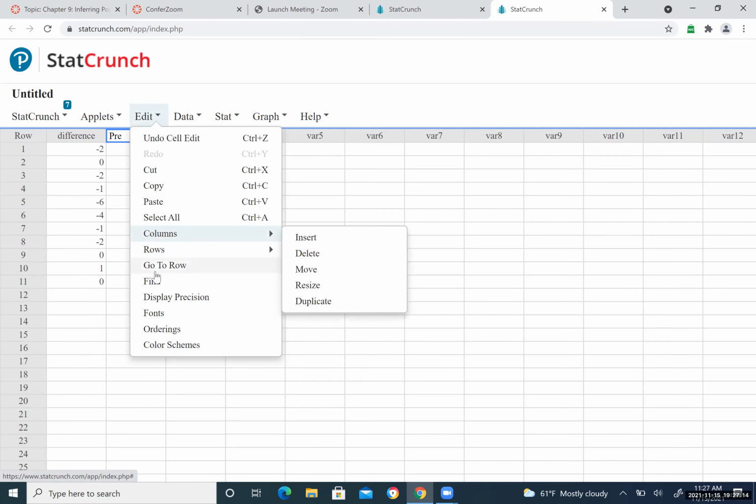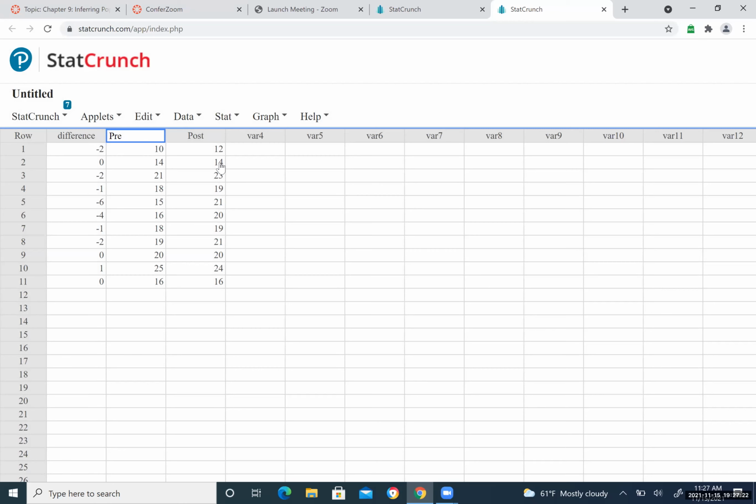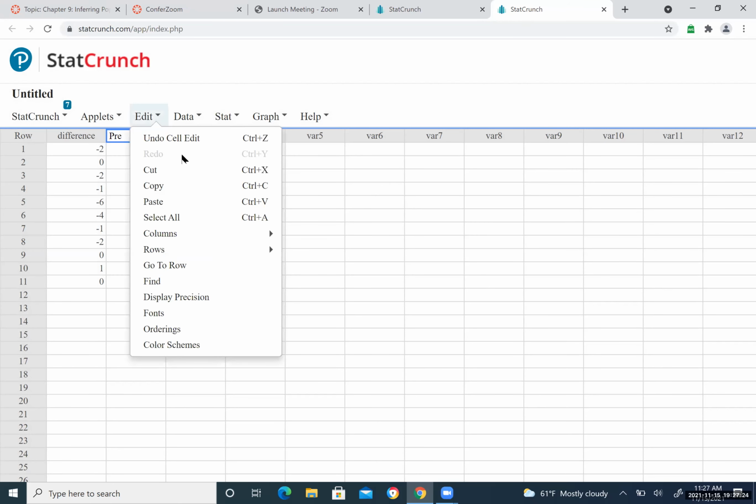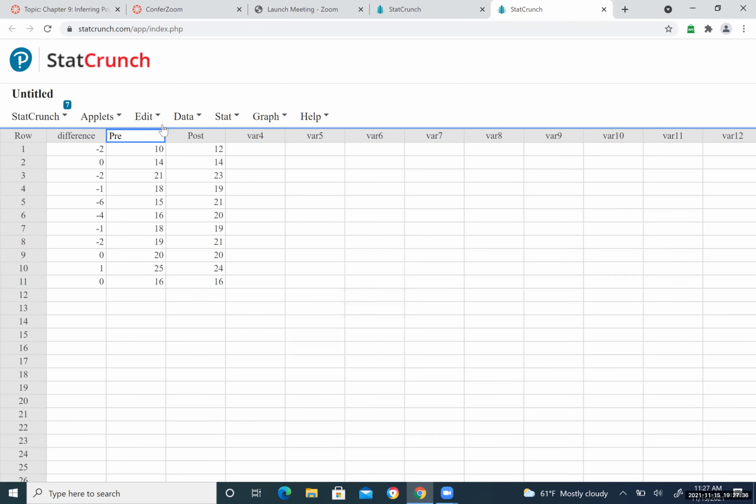If I delete this column, I want to see if they will give us the same example or not. Column, delete. Looks like we should not.